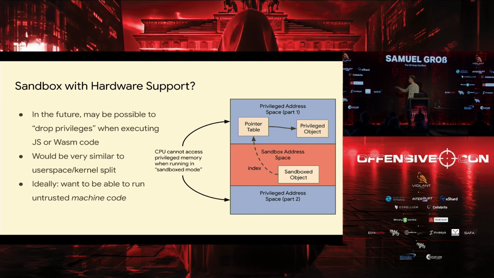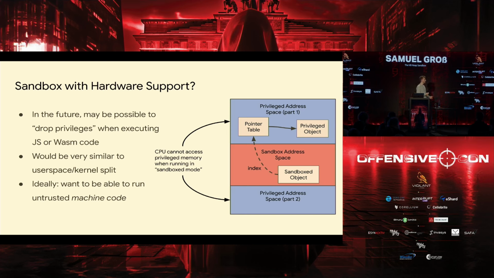What I just described is a software-based sandbox. You can do this purely in software, and that is what it currently is. That's nice because it works everywhere: on every 64-bit system, you can run this. What would also be possible, and is something we would like to do in the future, is a hardware-supported sandbox.